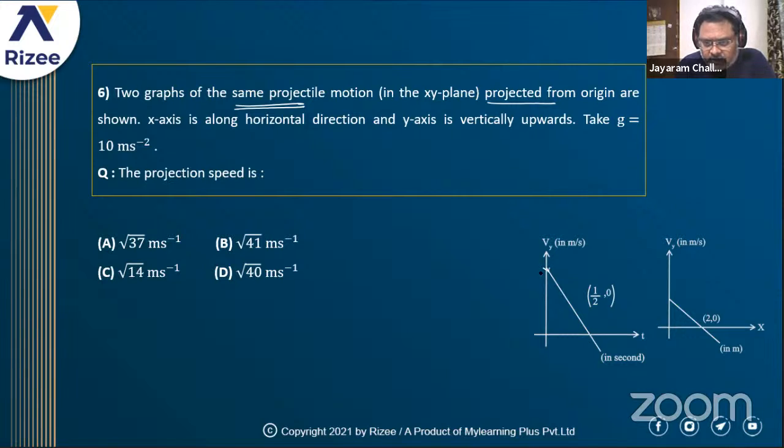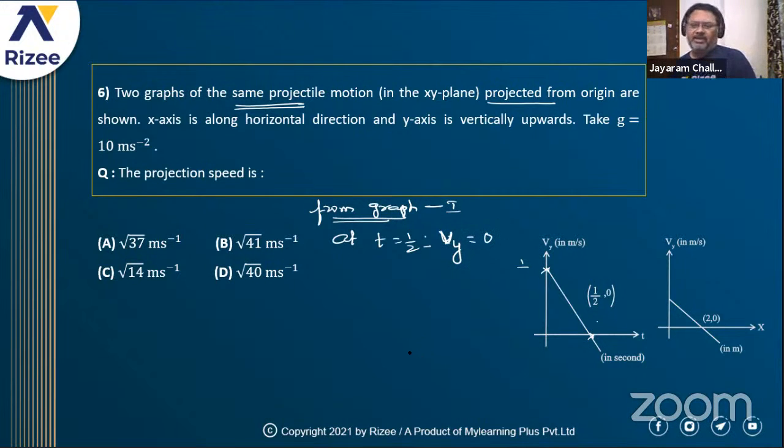What can be analyzed from the first graph? Here the coordinates of this point are 1 by 2 comma 0. That means, from graph 1, at t equal to 1 by 2, the vertical component of the velocity becomes 0. We know that the vertical component of velocity becomes 0 at the maximum height.